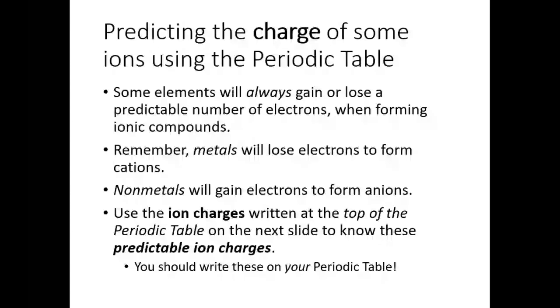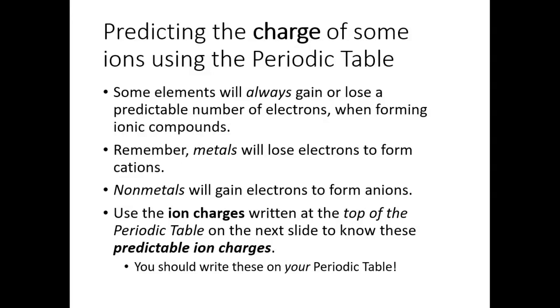Non-metals will form anions in ionic compounds and become negatively charged when in the presence of a metal, of a cation. Metalloids, for the most part, we are considering to be non-metals. Is that always true? Not always, but for this class, for right now, yes, that's true.